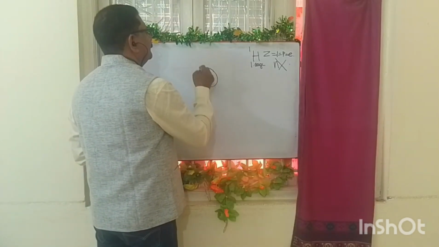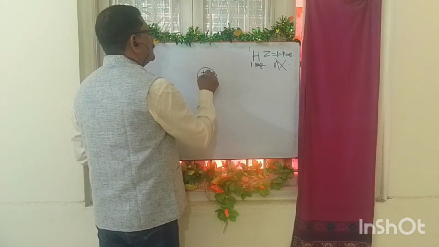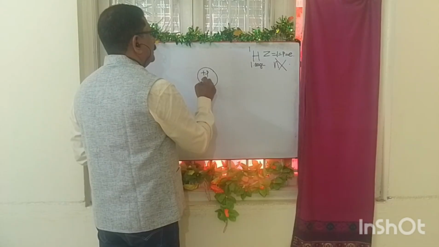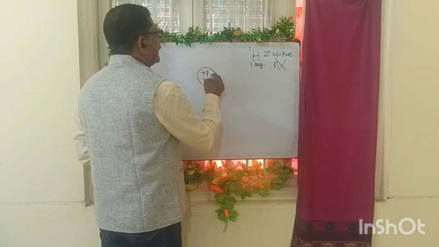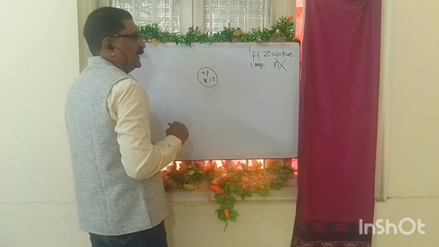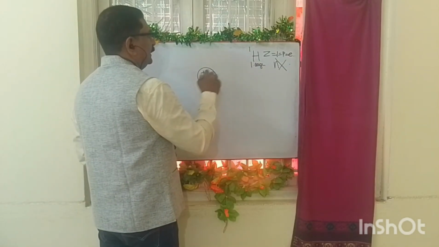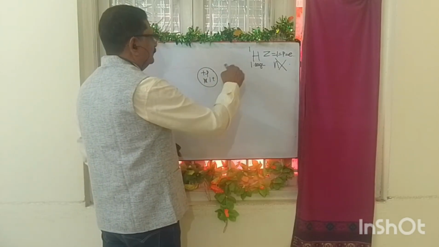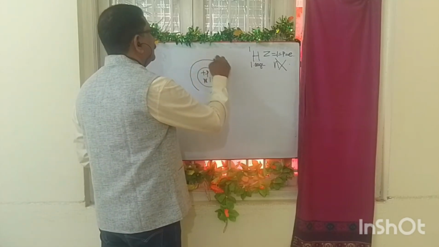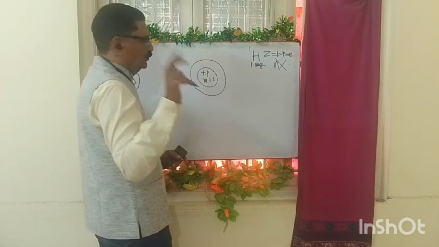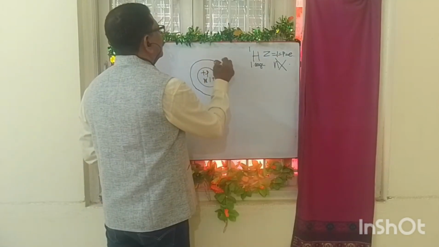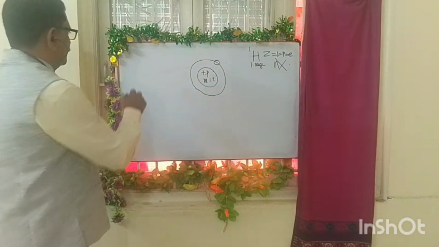First is nucleus. Protons go there. Here we do not have neutrons. There is only 1 plus charge, that is the proton. And there is only 1 electron. Therefore, we need only the first orbit, which can contain maximum 2. So this is the atomic structure.